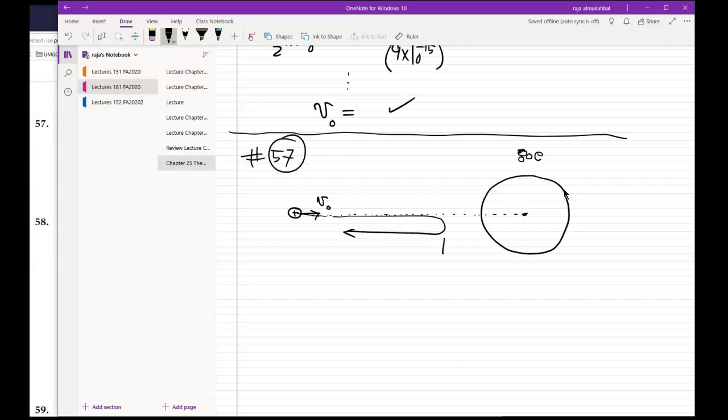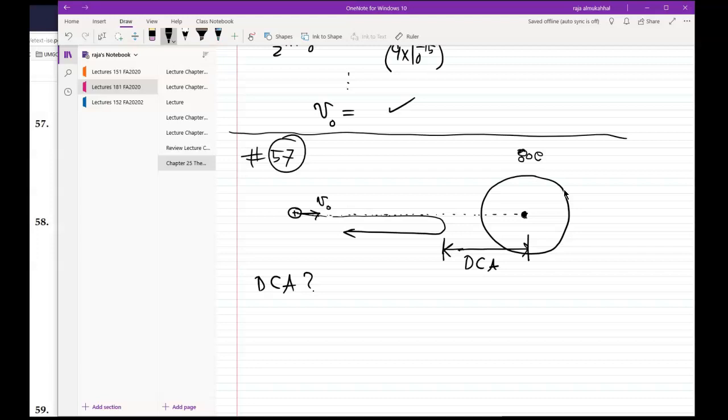This distance from the center of the nucleus to where the proton reaches, in nuclear physics, is called the DCA, the distance of closest approach. So he's asking, what is the DCA?